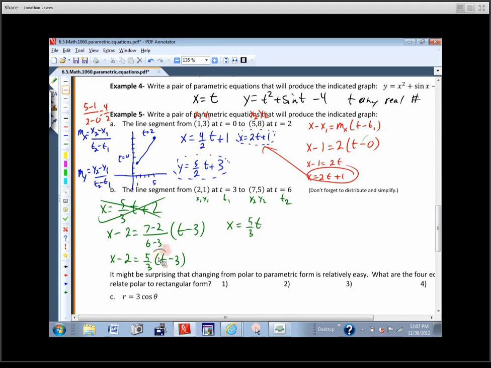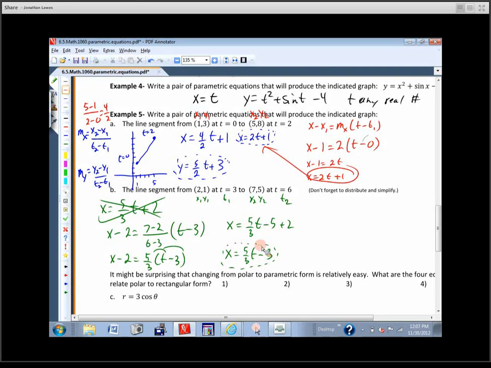So I get x equals 5/3 t. If I distribute through, minus 5 plus 2. The minus 5 when I distribute, the plus 2 when I move the 2 to the other side, so here's what I get. I get 5/3 t minus 3. Now, how will we know whether or not this is right?